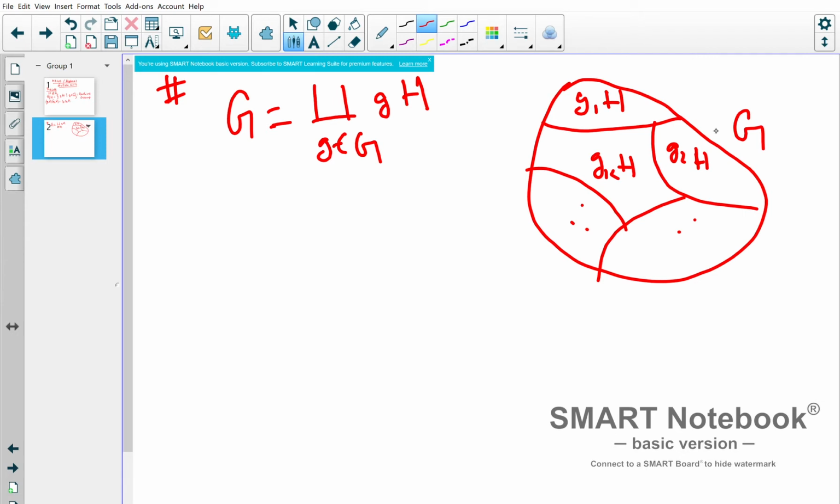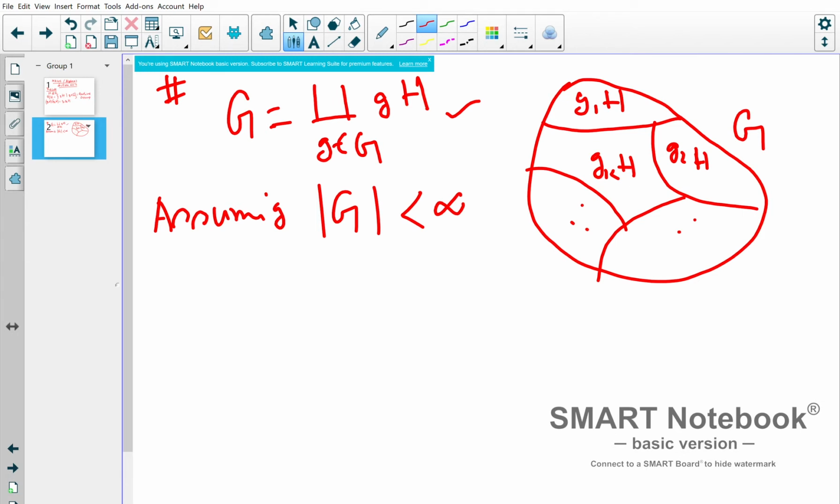If you want to find out how many elements there are, I'm assuming that G is finite. If G is not finite, this relation is also true, but if G is finite you can count it.